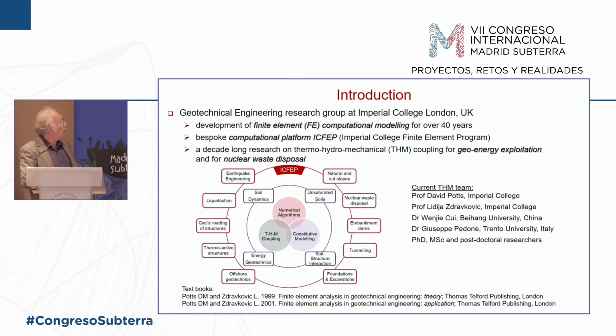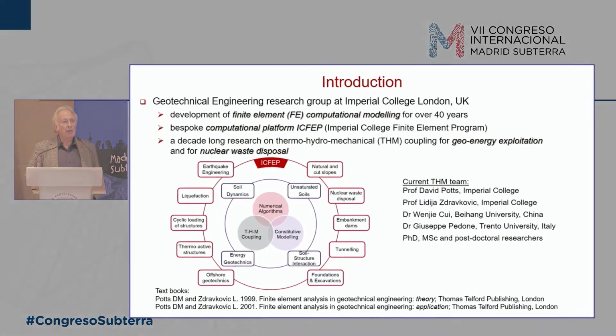Like all computational codes, the idea is that we simulate what happens to geotechnical structures. At the kernel, one has the basic equations, which are equilibrium, mass balance, and energy balance. We then need to work out how we're actually going to solve them numerically.